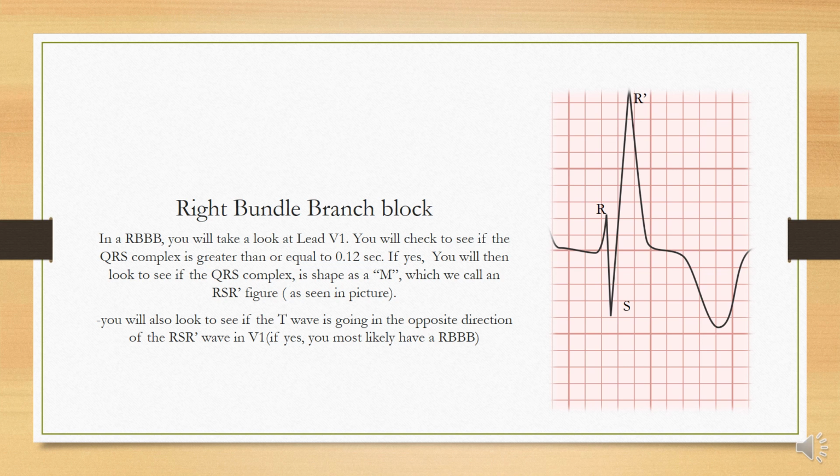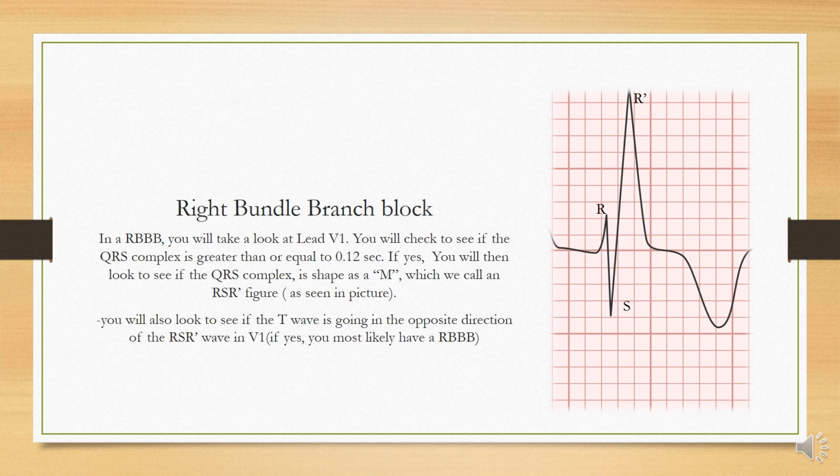So if there is a block occurring anywhere on the right side, V1 will pick that up when you do an ECG tracing. So what we're looking for in V1's tracing is the QRS complex. That's what we're concentrating on.